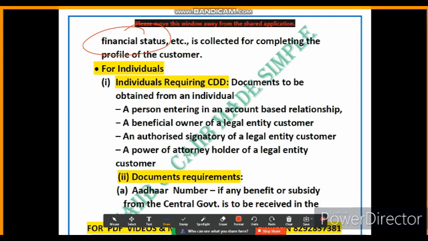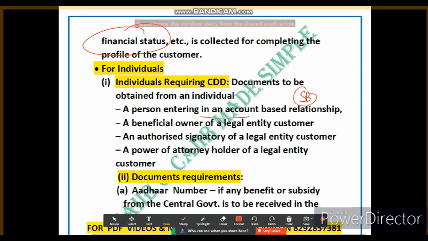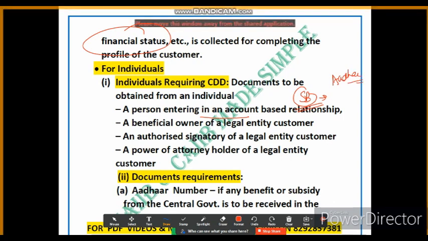Suppose an individual wants to open a savings account. The bank will collect the necessary identification documents, such as an Aadhaar card or passport. If the individual is a beneficial owner of a legal entity customer, suppose a company, who is a legal entity customer?